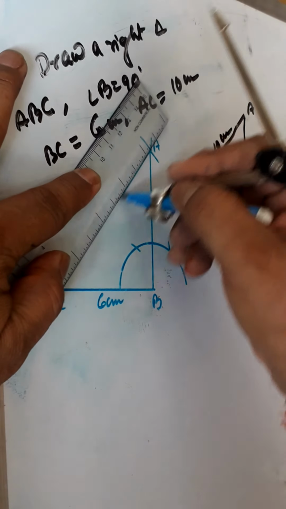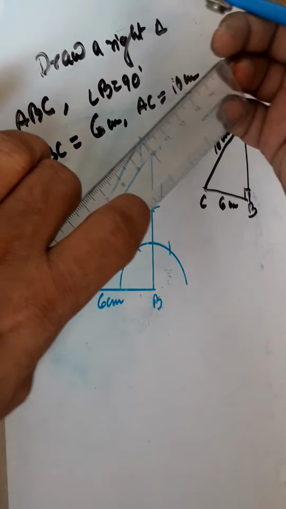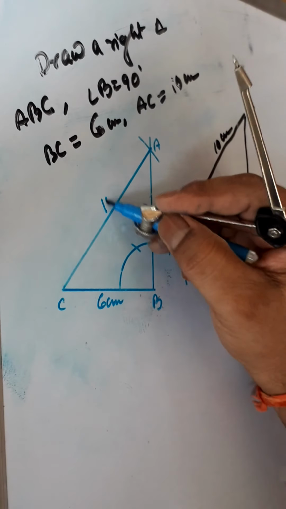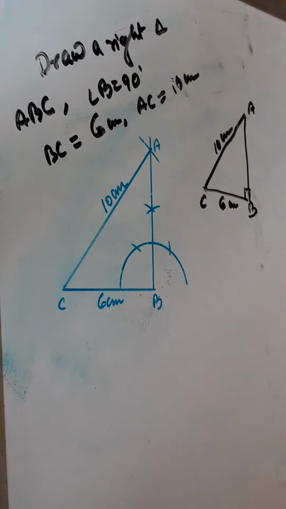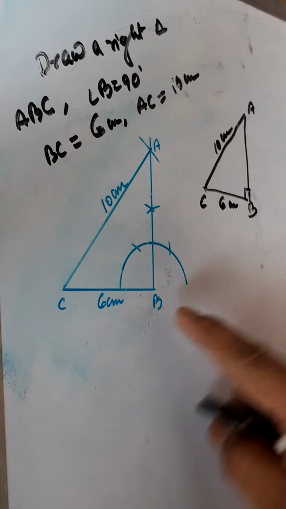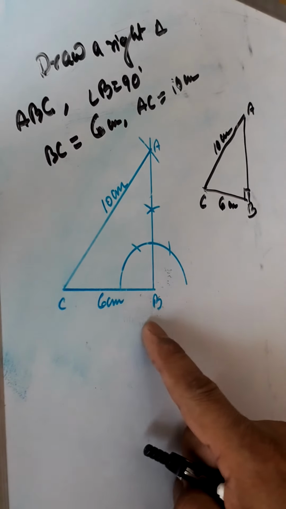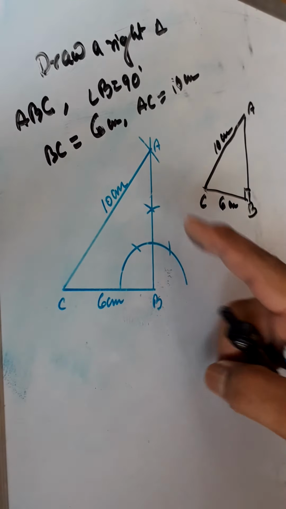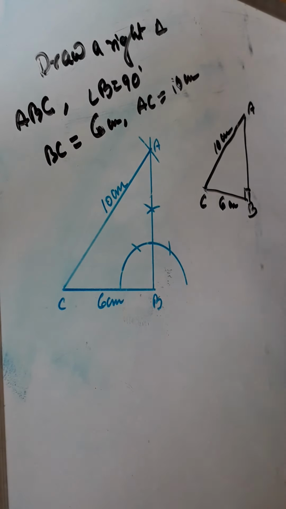Be careful while joining. This AC is of 10 centimeter. Thus we can see we have got a right triangle ABC with angle B 90 degree, BC 6 centimeter and AC 10 centimeter. Now I am going to give some questions for practice.